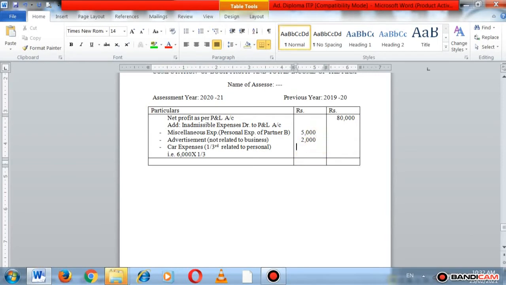So 2,000 expenditure is related to personal, or car expenses related to personal. Okay, got it? Yes sir.